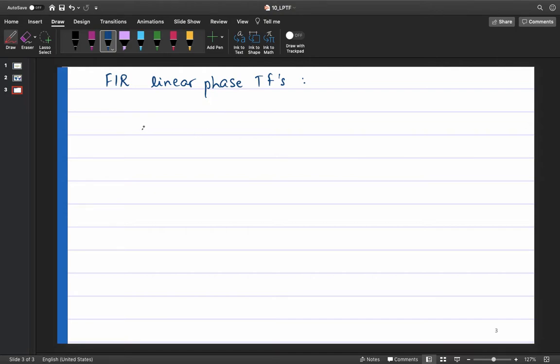Finite impulse response means my h[n] is finite, right? My h[n] is equal to 0 for n less than 0 and n greater than some finite integer capital N, right?